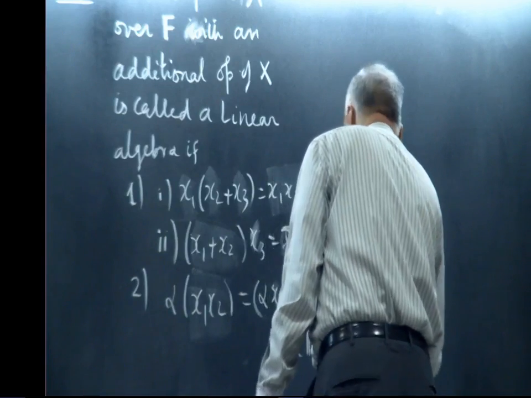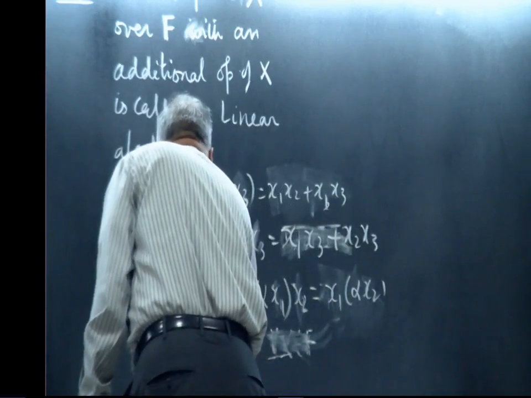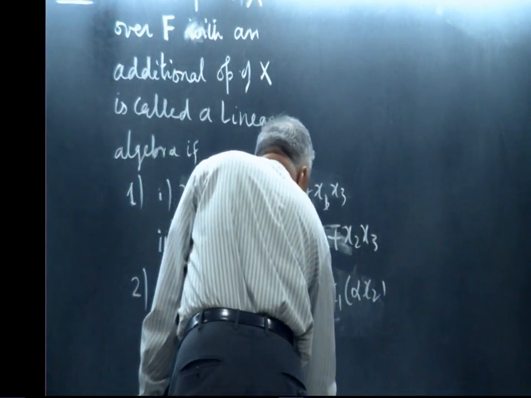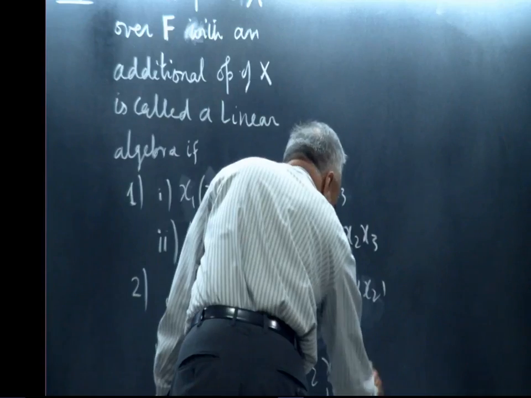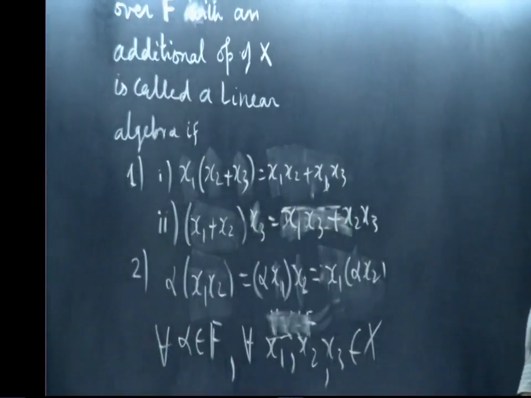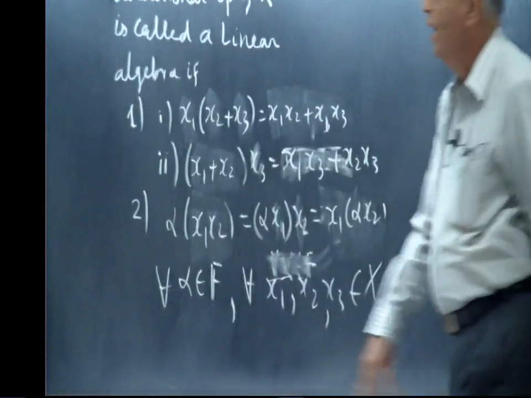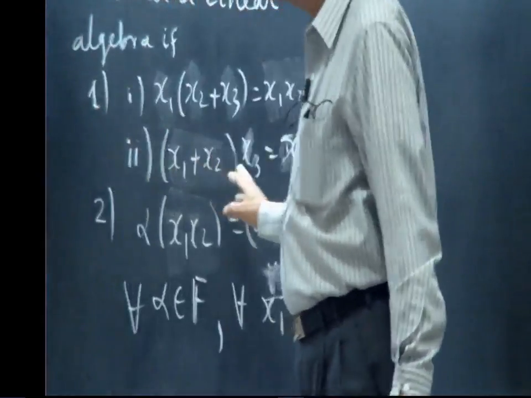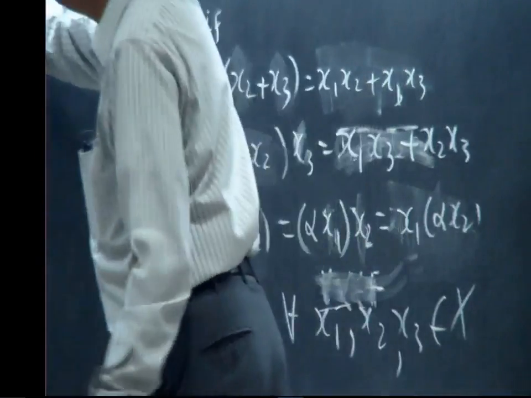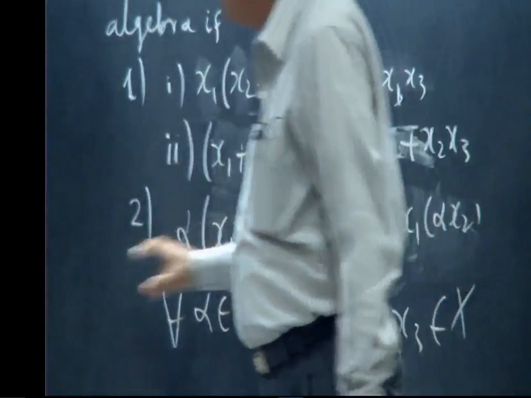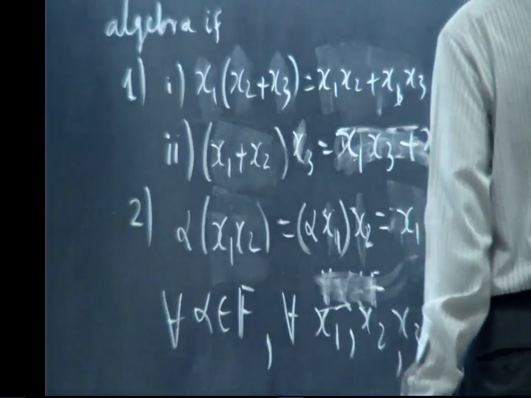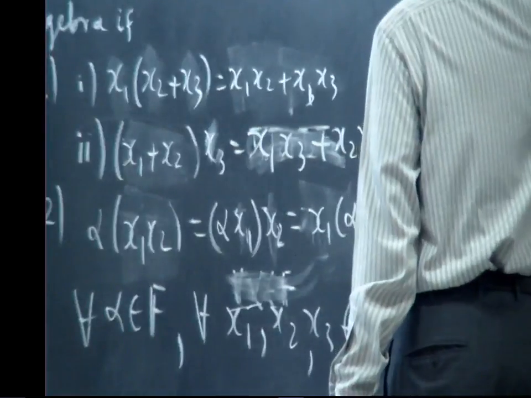So now I will write for every alpha in the field and for every x1, x2, x3 in the vector space X. Okay. So with this definition, L(V) becomes a linear algebra because it is a vector space. On that vector space we have multiplication, and the multiplication obeys these laws, and therefore L(V) is a linear algebra.